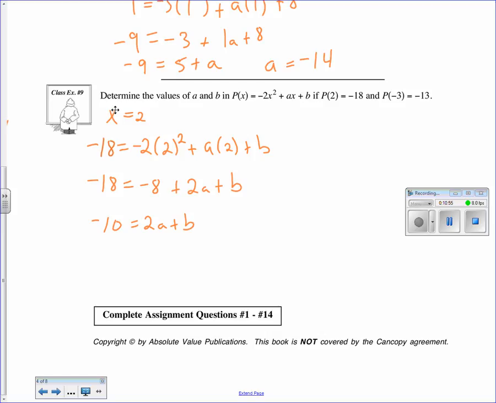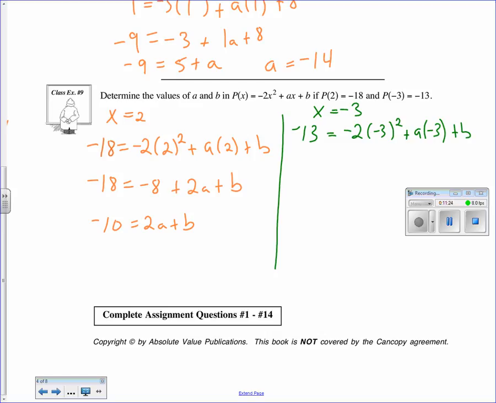I actually cannot figure out either a or b until I look at my next substitution. And my next substitution says that x is equal to negative 3. So with an x value of negative 3 and the y value being negative 13, I get negative 2 times negative 3 squared plus a times negative 3 plus b.